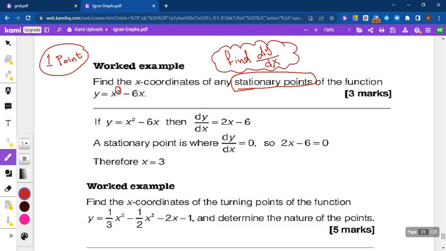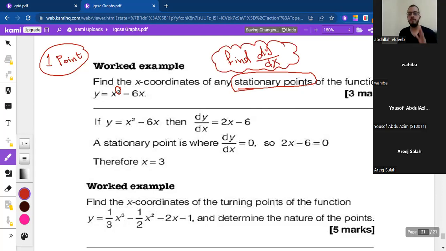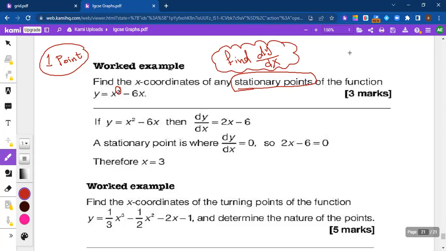Yes. Guys, please focus and remember, if you want to find the local point or the stationary point or the minimum point or the maximum point or the gradient or whatever, go immediately and find dy by dx. Now here, Yusuf, it is y equals x squared minus 6x.